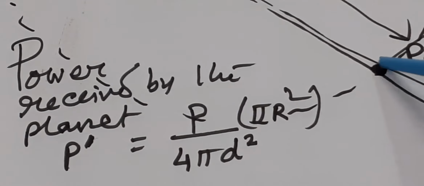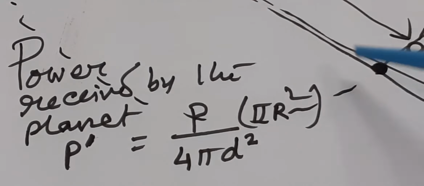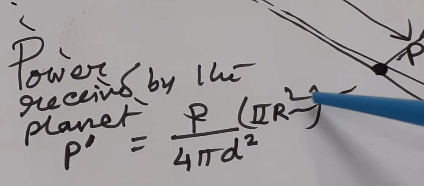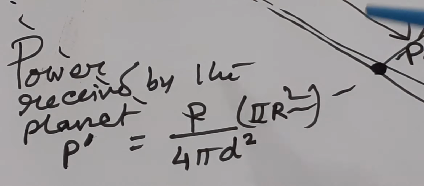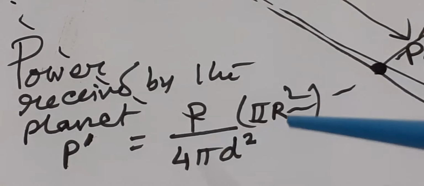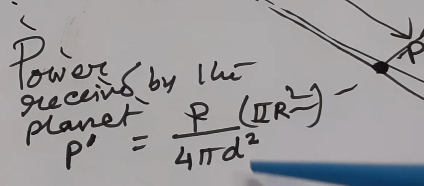Very small here, that is pi big R square. With respect to this distance, this is very, very small. So pi r square, we have to take only the cross section area as it is far away from the sun. Now this cancels, pi cancels, and the expression will be P r square by 4d square.